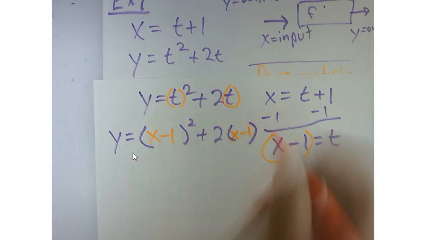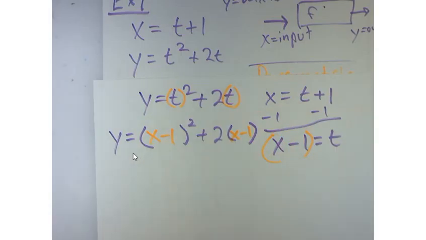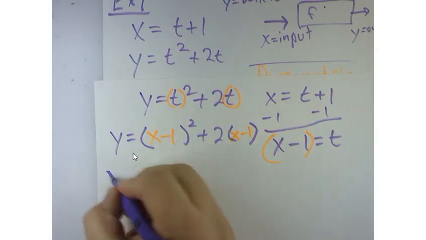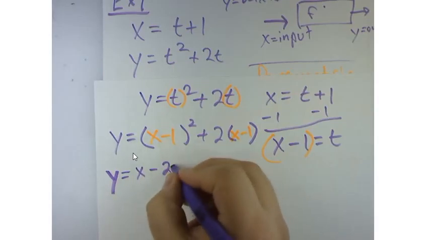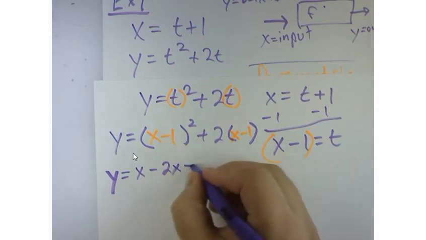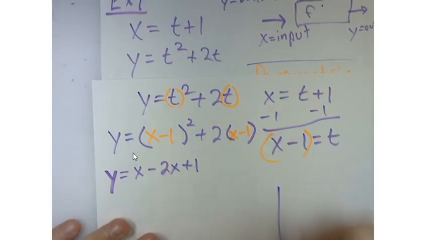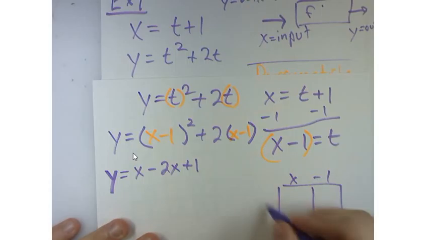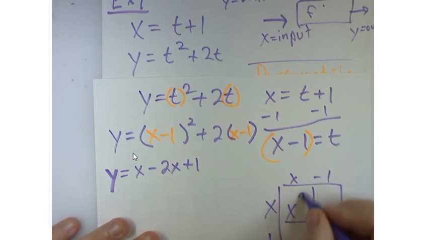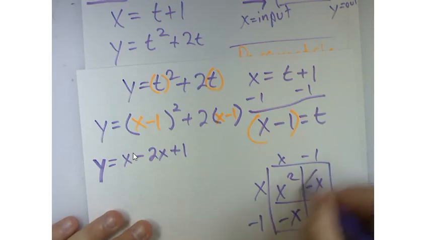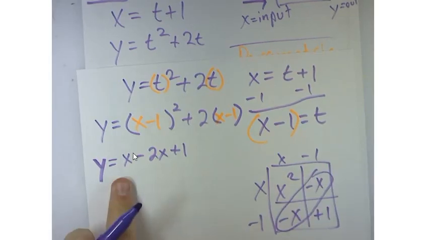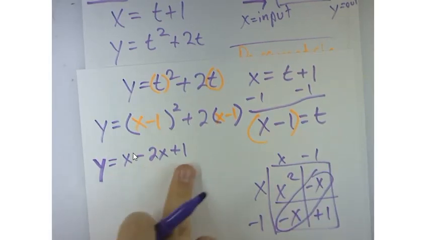x minus 1. So then what I'm going to do is I'm going to expand this, and I get y is equal to (x minus 1) squared plus 2(x minus 1). That's this expanded, right? If I say x minus 1 times x minus 1, I get x squared minus 1x minus 1x plus 1. If I combine like terms, I get x squared minus 2x plus 1.